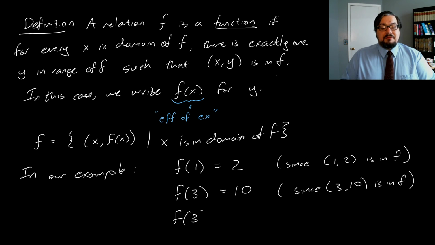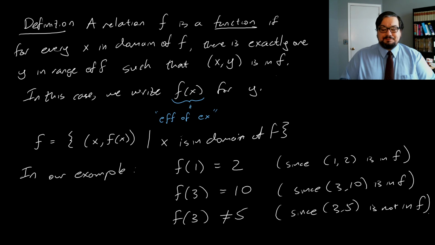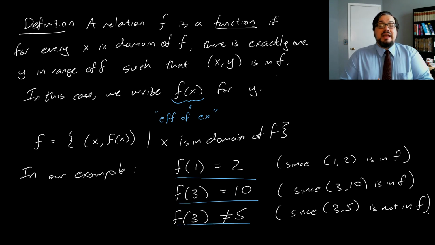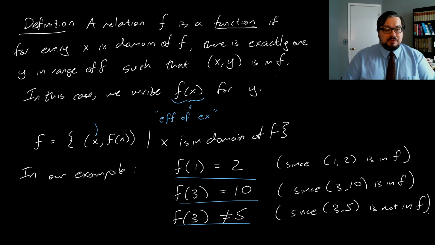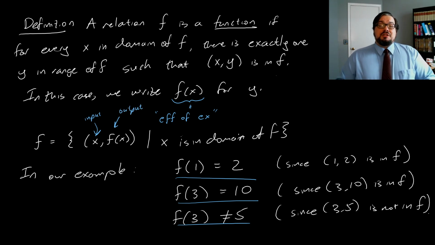And then f of 3 is not equal to 5, since 3 comma 5 is not in f. So this function notation is simply a shorter way of describing the inputs and the outputs to a function. So a function takes a collection of inputs and to every input assigns exactly one output.